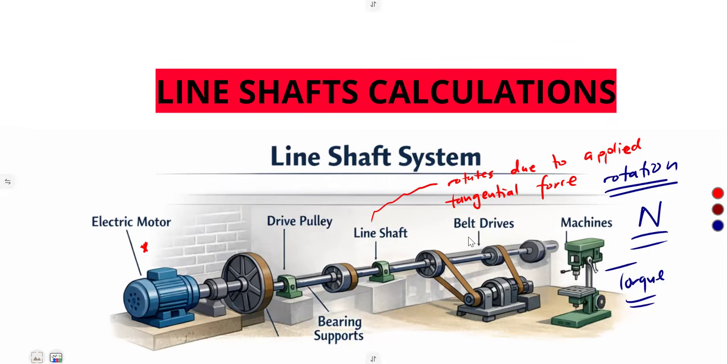Where we consider the belt drives, you're going to have the pulley system. So the pulley system will be having what? Will be having the belts. So you consider those belt drive calculations, like I said before.